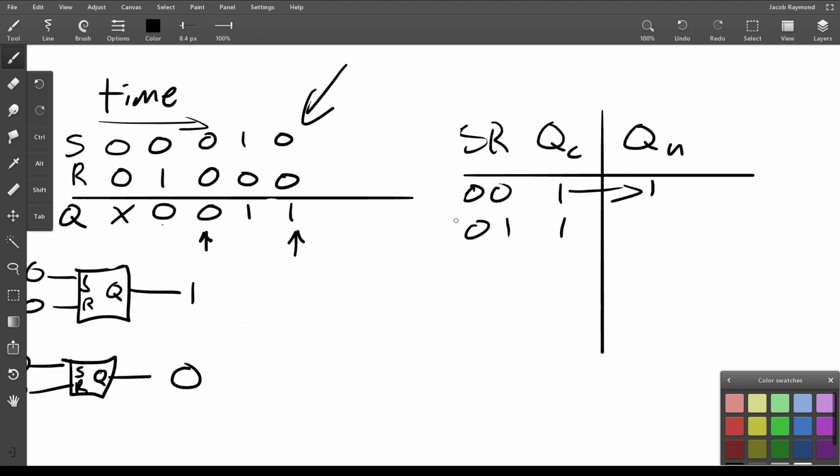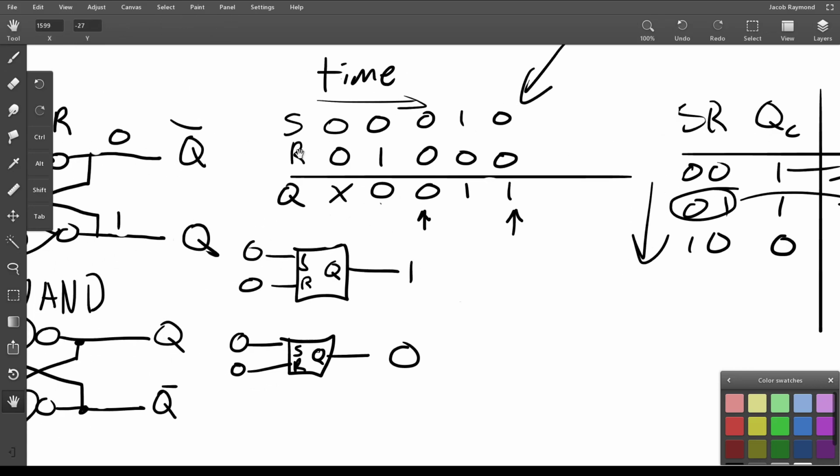So the output would be set to 0 because of that. If it was 1, 0, and the current state was 0, then it would set the state to a 1, so that would become a 1. And you could essentially be given a whole bunch of different combinations for SR and the current state, and then just have to give what the next state is.